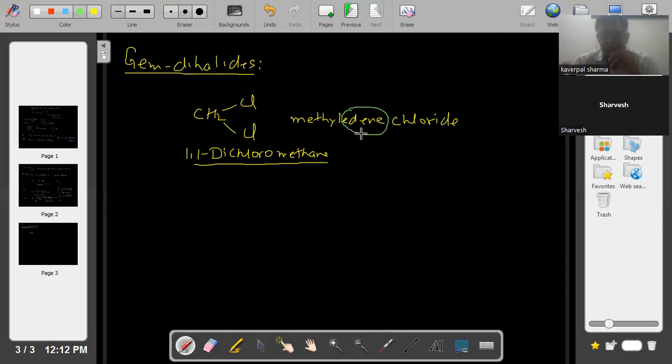If there is ylidene, for example ethylidene chloride, and someone asks what kind of haloalkane this is, you see ylidene, and it tells you that it is a gem halide.